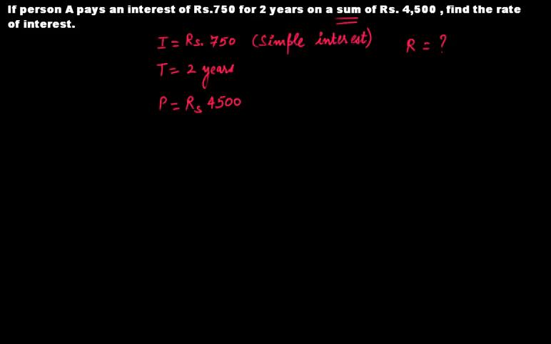So the simple interest, you can denote it with only I. Simple interest I will be equal to P times R times T divided by 100.